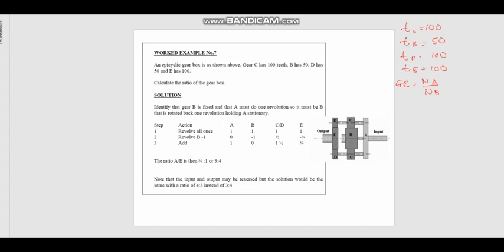In order for us to solve this, we do the same thing as before, so again we make a table.